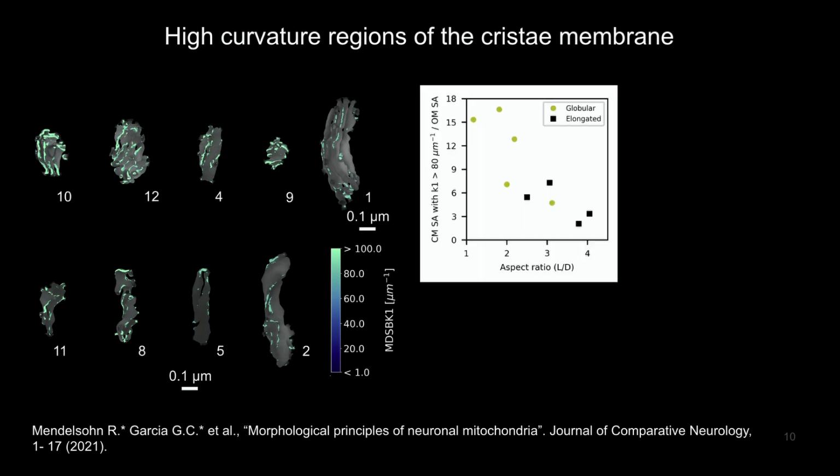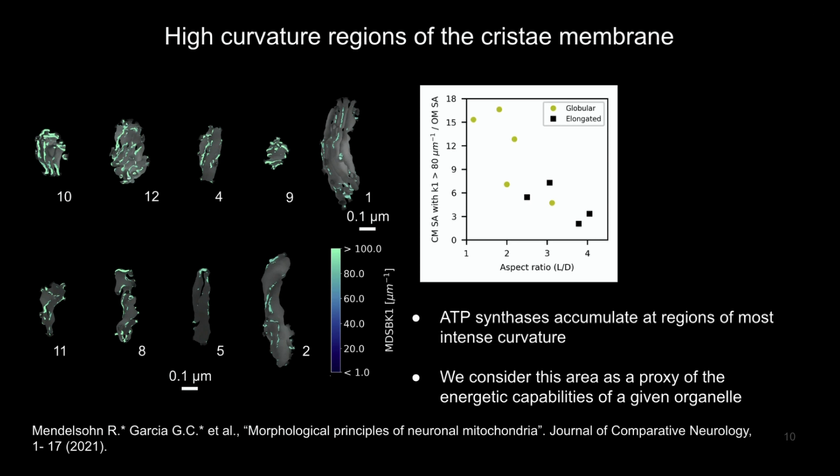And we quantify these areas of high curvature. This is very important because it's the place where ATP synthase accumulates. And ATP synthases are the enzymes that produce ATP. So we consider that these areas are a proxy of the energetic capabilities of each of these organelles.